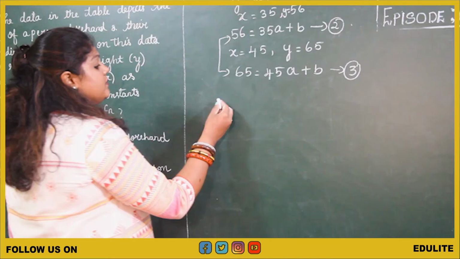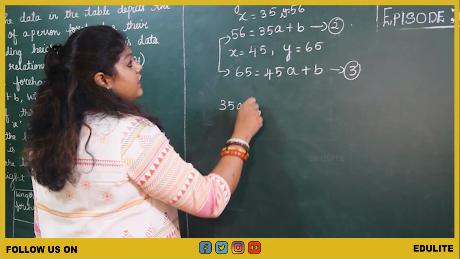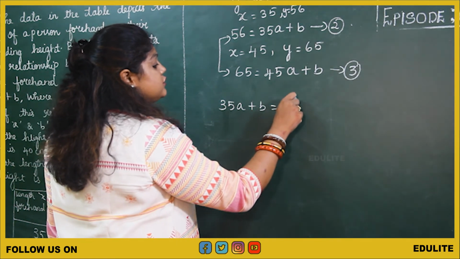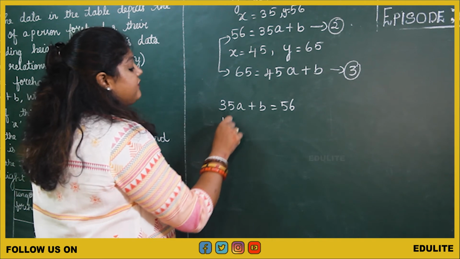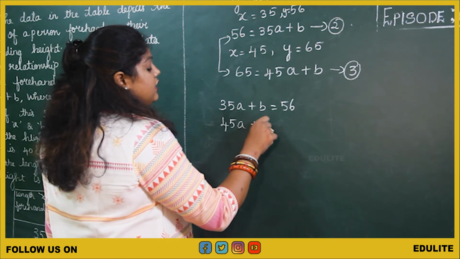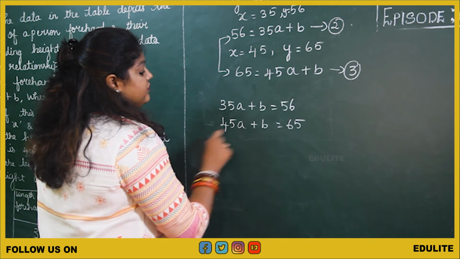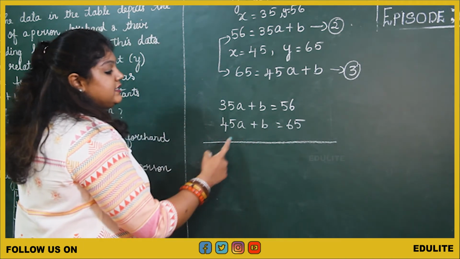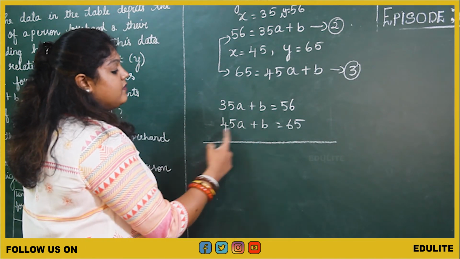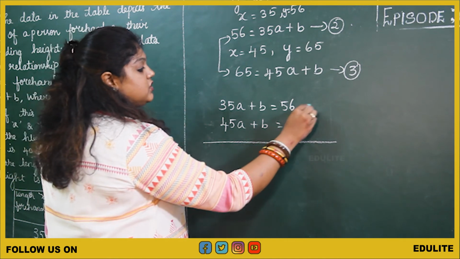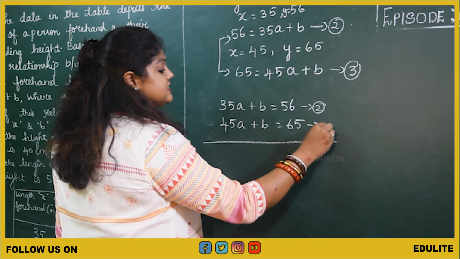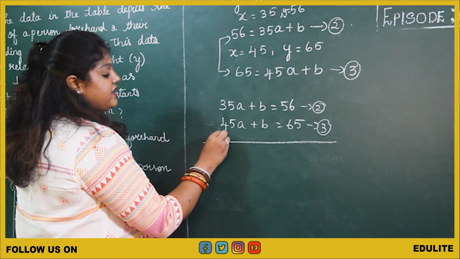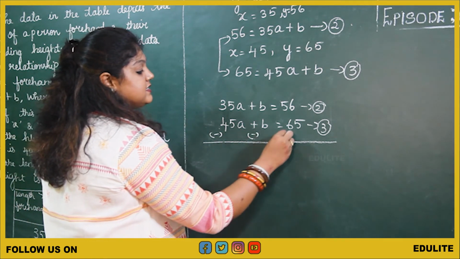We will do it so. 35a plus b equals 56, and 45a plus b equals 65. Since the signs are the same, for the third equation we will change the signs: plus becomes minus, minus, minus.